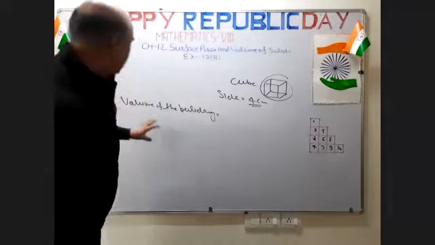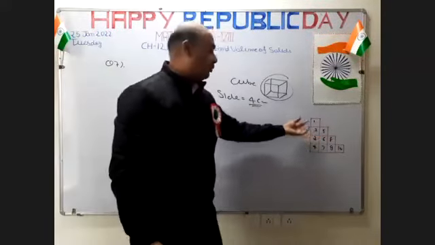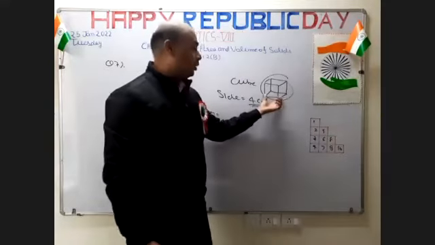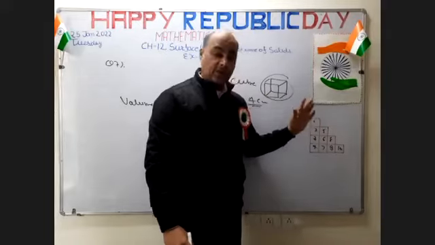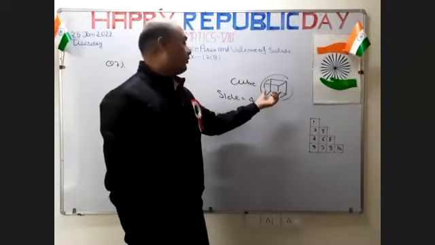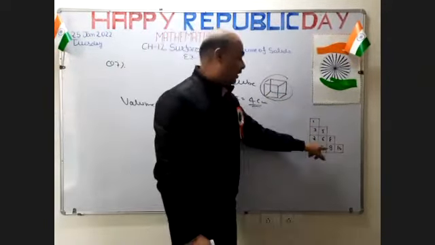In this question, I am going to find the volume of the building. This is your building, and this building is made with the help of cubes. How many cubes are required to make this building? 10 cubes are required. It means if I find the volume of one cube and multiply it by 10, it's going to be the volume of the building.